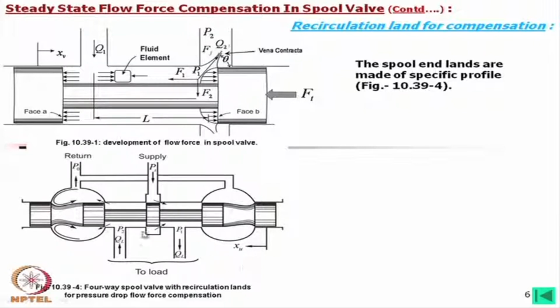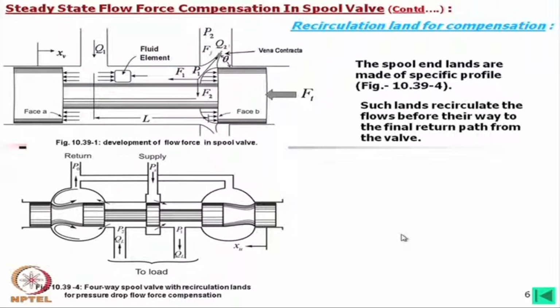Now, what we see is that whatever flow is coming, due to this profile, it is recirculating. Once it starts recirculating, although here is the jet angle, due to this flow there is another force. So, those forces counteract each other, and in that case the total flow force is reduced. But this is obviously a special design, not as simple as this.